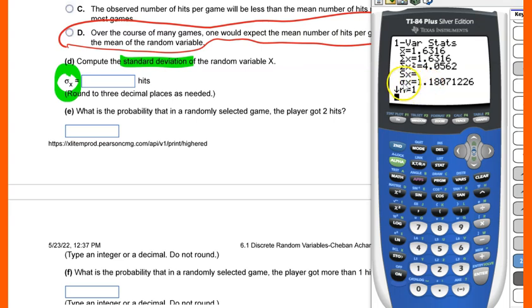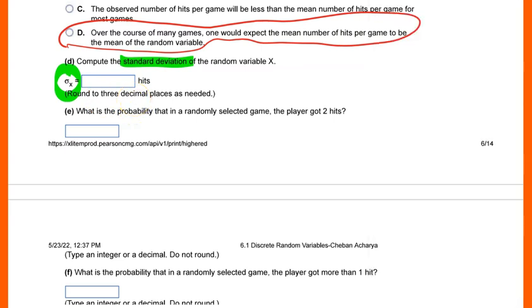The standard deviation of the discrete random variable, rounded to 3 decimal places, is 1.181. That's the answer.